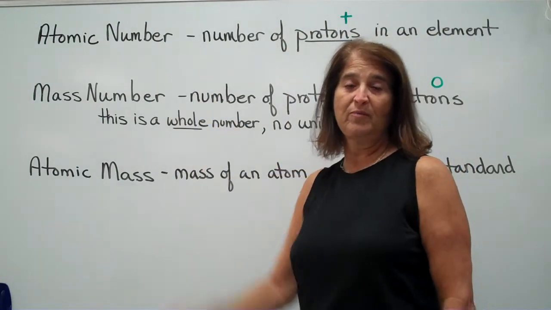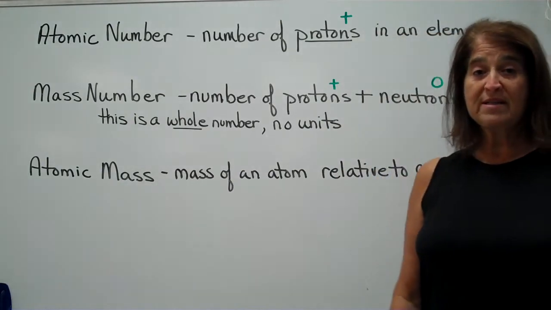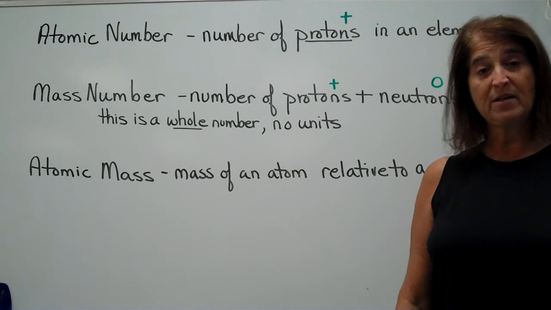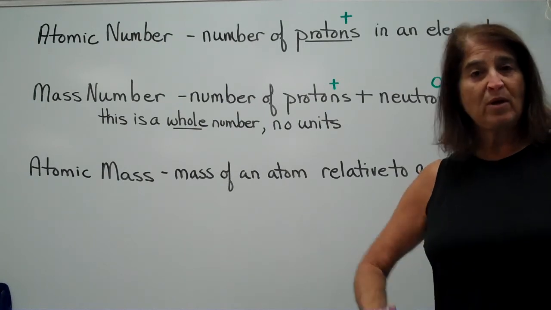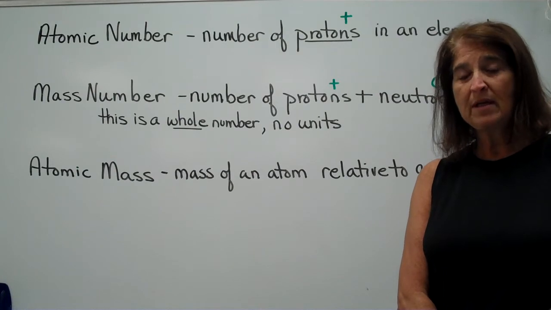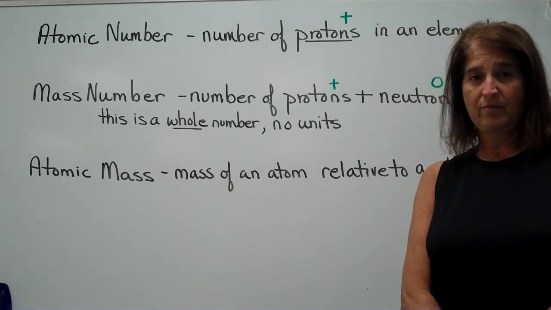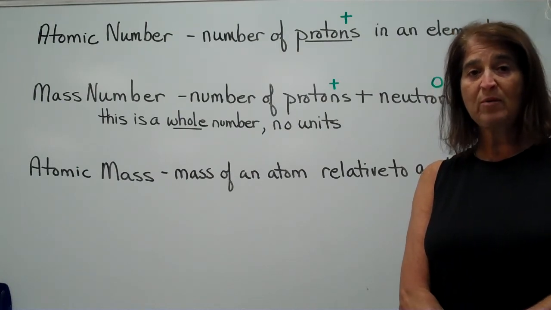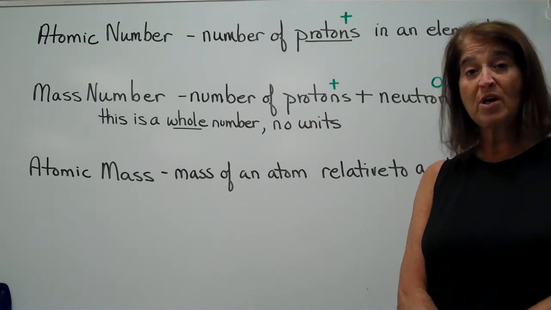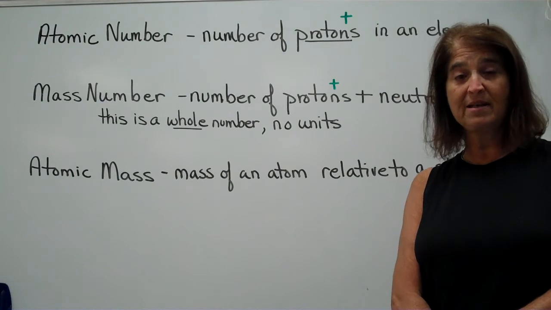Atomic number. The atomic number is defined as the number of protons in an element. Now, you may think, well, isn't it the number of electrons? Only if that atom is neutral. If the atom is neutral, it would have the same number of positive and negative charges, protons and electrons.